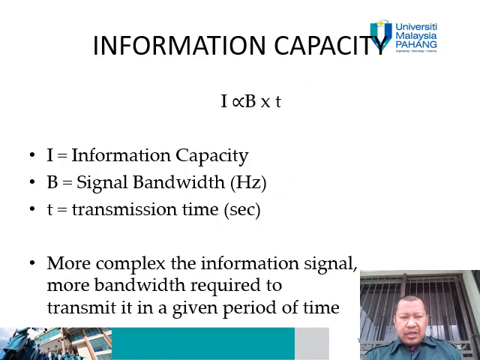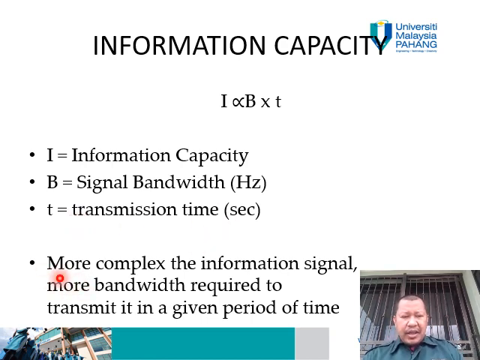In a formula it is written as I, information capacity, is directly proportional to B multiplied by T. So I is the information capacity, B is the signal bandwidth, and T is the transmission time.